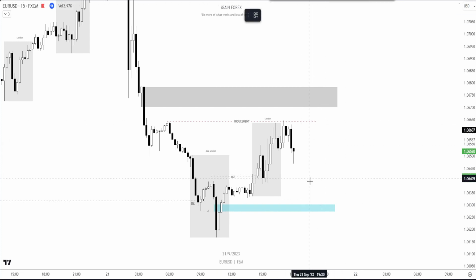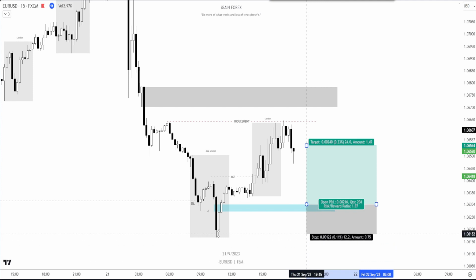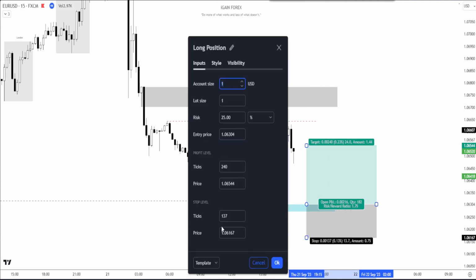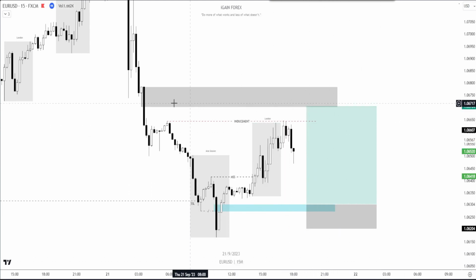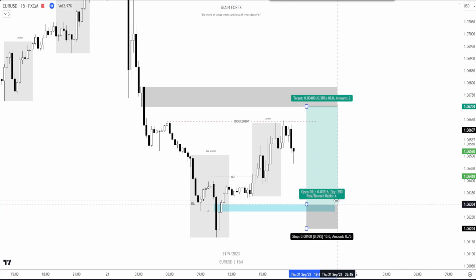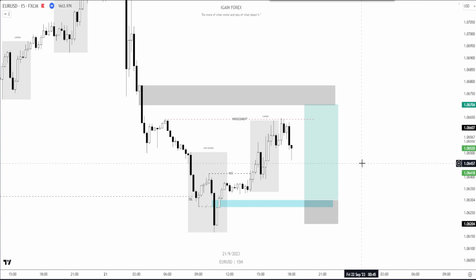So I will place my entry here and stop loss just below this area, or we can just have our stop loss at just 10 pips and our target at 440 pips. As we can see here, it just exactly hits our supply zone. So let's see what will happen. By the way, this trade I took yesterday and it earned me this 1:4 risk reward ratio. Let's see what will happen to the market.